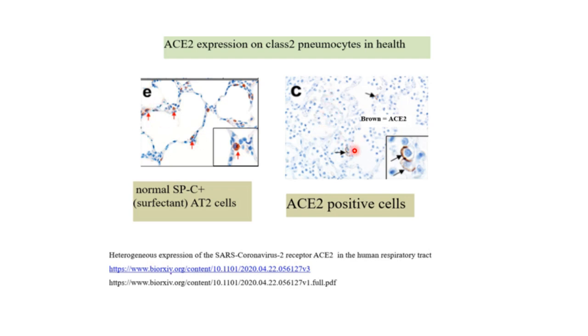In this section there is the alveolar space, and it has been stained for ACE2 positive cells. So the brown staining shows cells which are ACE2 positive.